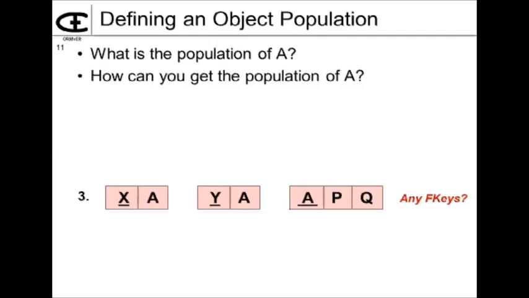Now let's suppose A has its own table, because it's got some additional attributes. Now how do we get the population of A? Could I have some A's in Y that aren't in A? That's an interesting question, isn't it? What if there's an A that doesn't have any PQ, it's just the A by itself, and it's stored with X or Y?